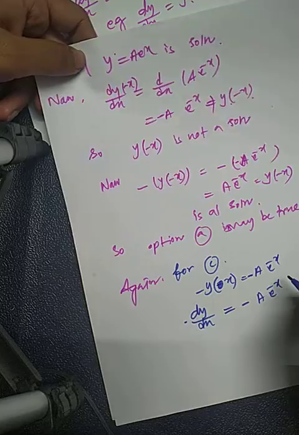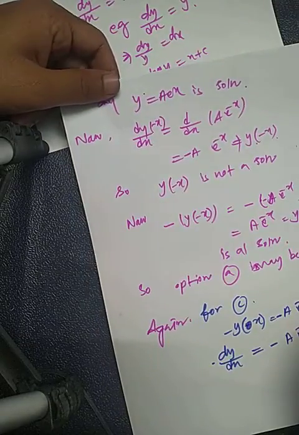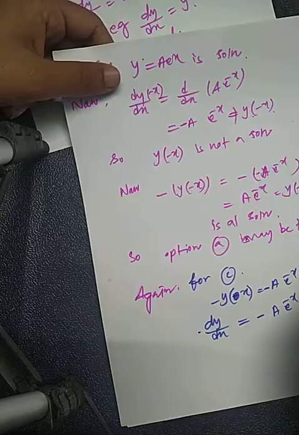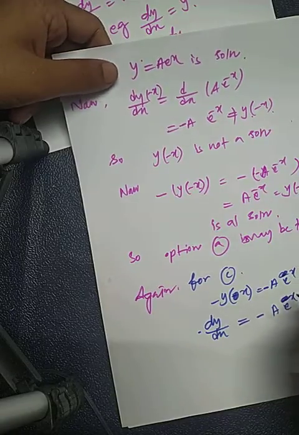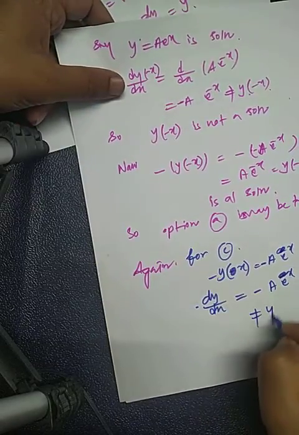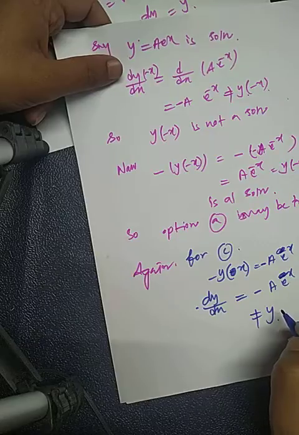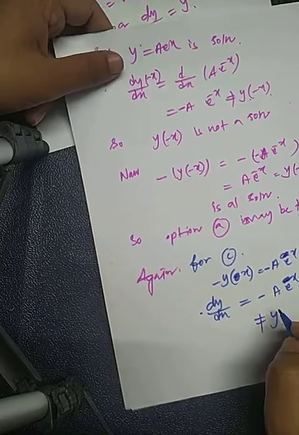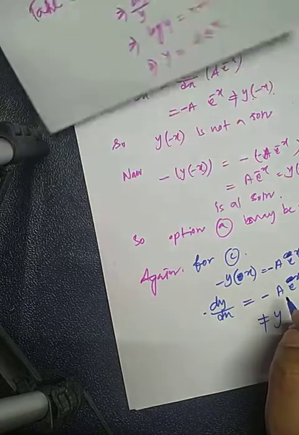What is the solution? e to the power x, right? So there may be a breakthrough, but here there will be no breakthrough. So it is equal to minus y. So it's not equal to y, because dy/dx should be equal to y. So that's the problem.